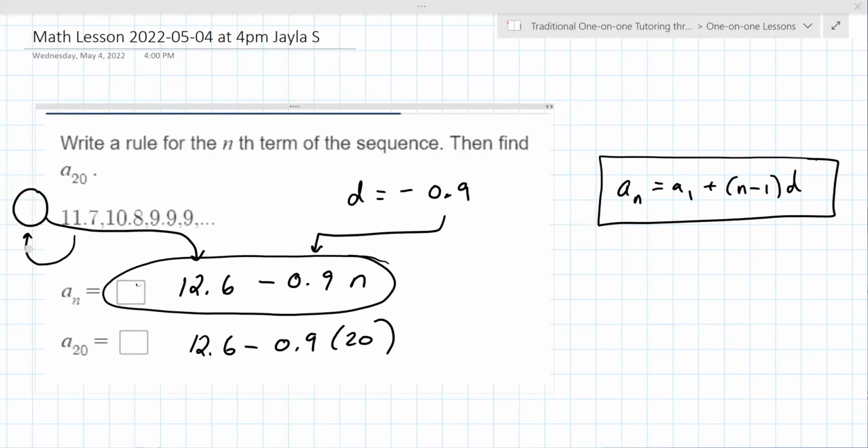Negative 5.4. Go ahead and check those and see if it's right. If it is, move on to the next question and go ahead and share your screen also.